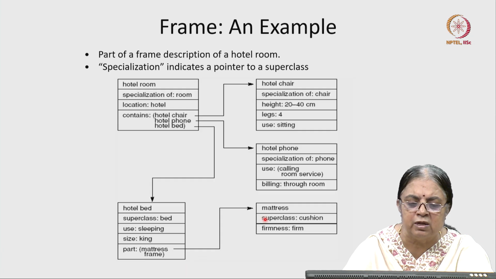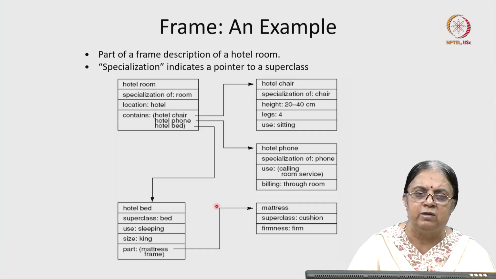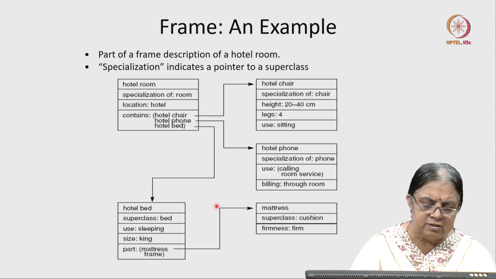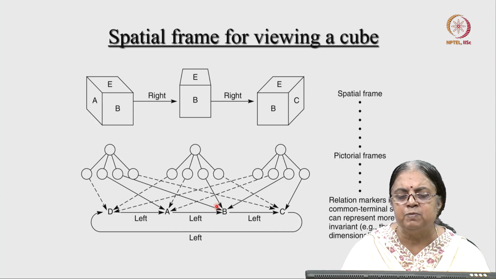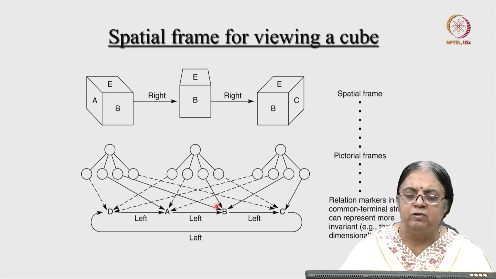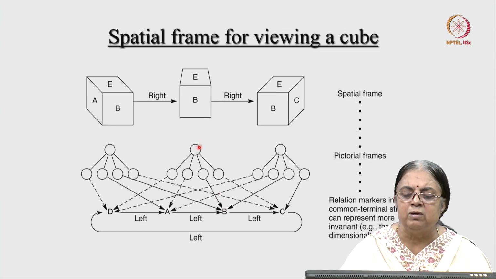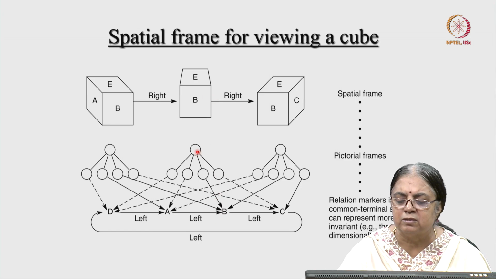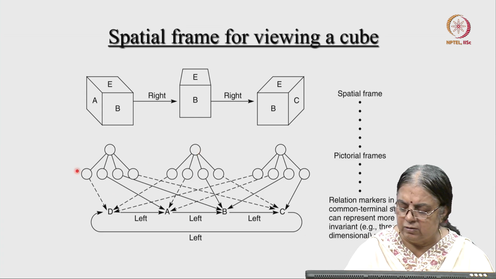So, this goes to that, etc. So, you can get all the information that you require by using this. Okay, so, this is a spatial frame for viewing a cube. So, when you move it, you find that different faces of the cube are coming up, right. So, you can represent it in this way basically.